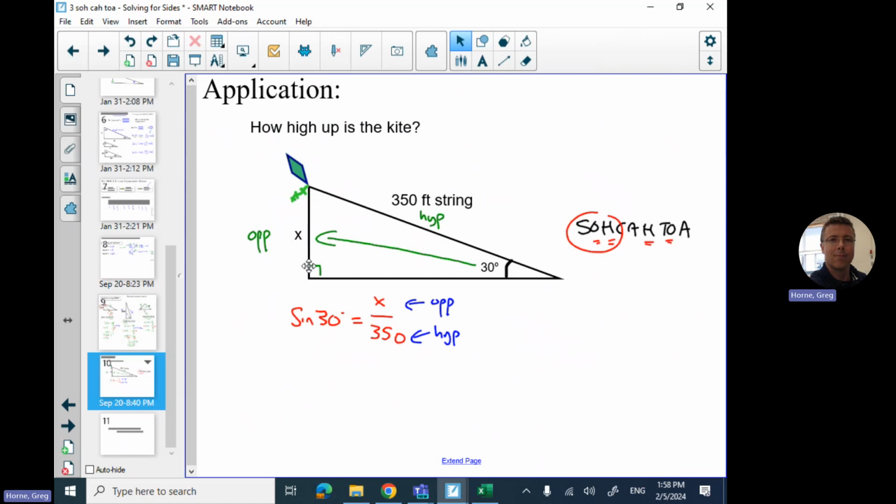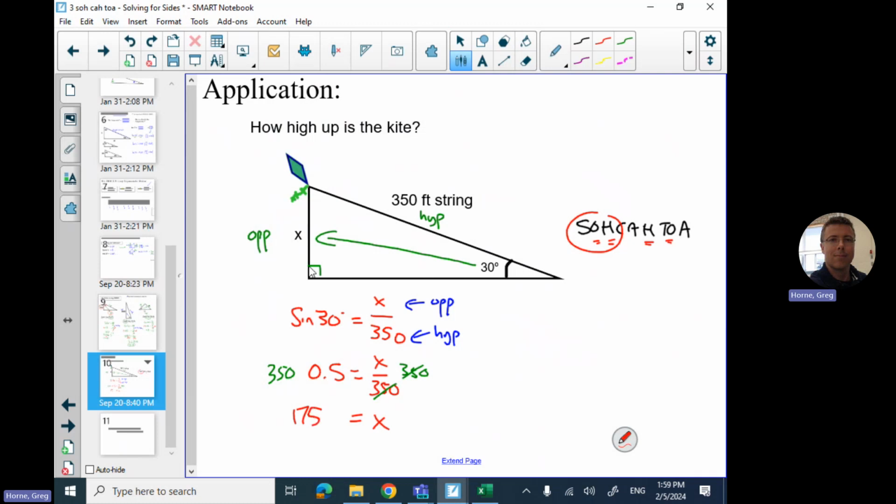So 0.5, it's a common one that comes up a lot. You start to remember after a while once you've done enough of it. And so we multiply both sides by 350. End up with the 350 divided by 2 gives you 175. So end up with a 175 here.